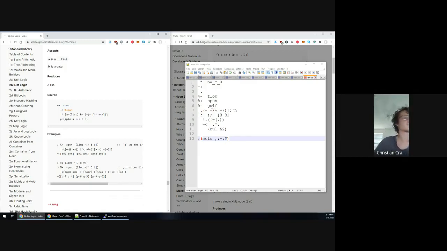Let me just do something fun. I'm looking at spin, by the way. It's like to understand spun. Spin. 1, 2, 3.